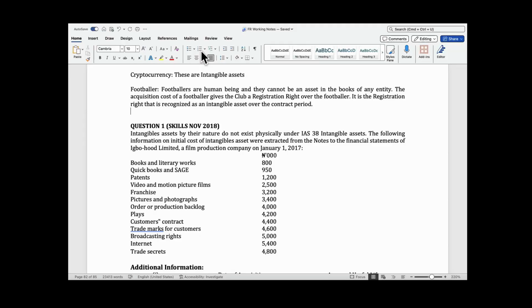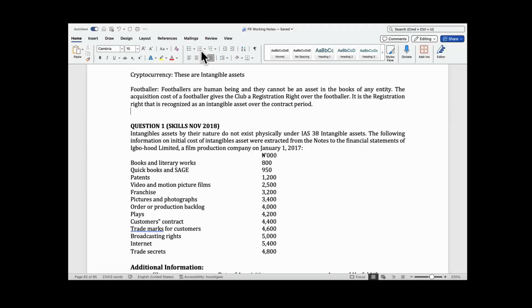What we have in IAS 38, which I've taught you today, is research and development. So when you have a project you're working on, you can either classify it as a research cost or development cost. Research costs are expensed, so no argument around that. Development costs are capitalized if they meet 6 criteria, which you have also mentioned.